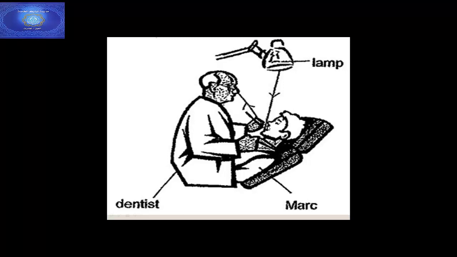Then the light reflects off the back of the teeth to the dentist mirror. Okay? Then the light reflects off the dentist mirror to the dentist's eyes. In this way, the dentist can see the back of the teeth.